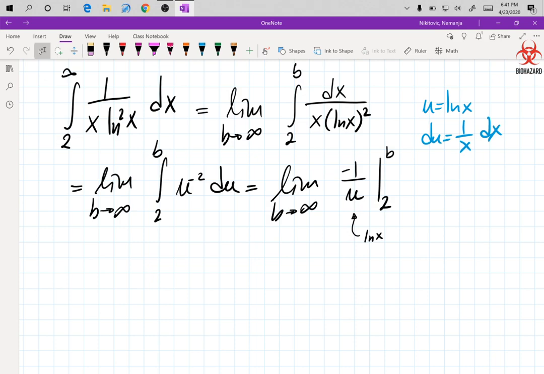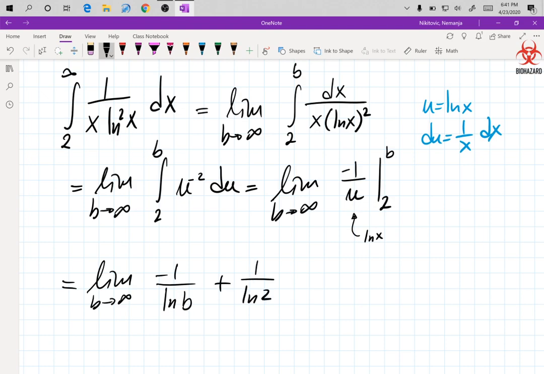So I have a limit b goes to infinity, negative 1 over ln b first, minus and minus makes a plus, 1 over ln 2. There we go, much better. So now this part is going to go to 0 because you have 1 divided by infinity, and you are left with 1 over ln 2. Converges.